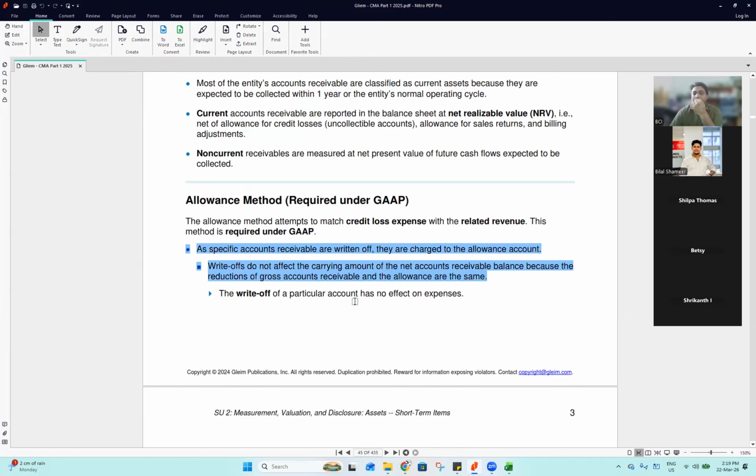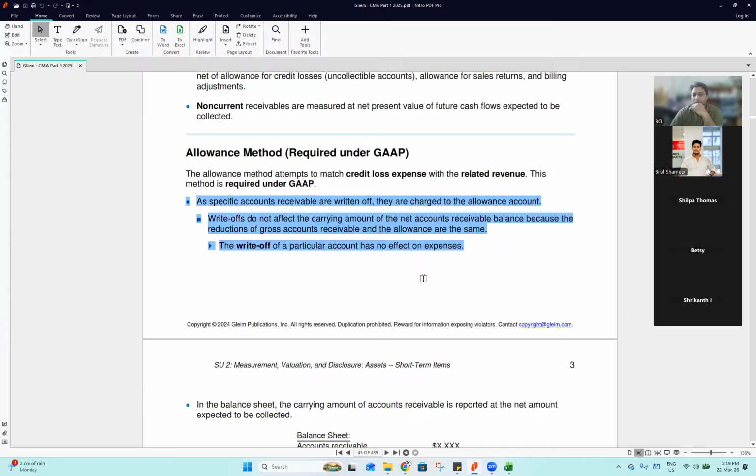The write-off of a particular account has no effect on expenses. Did you understand this part? If not, tell me. All clear? Bilal, Shilpa? Okay, all good.